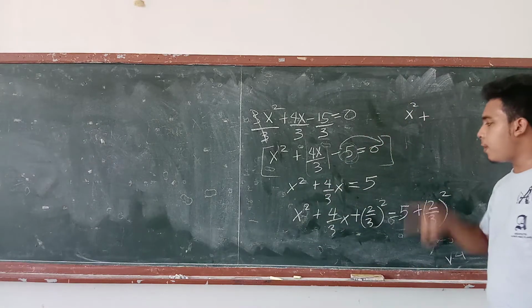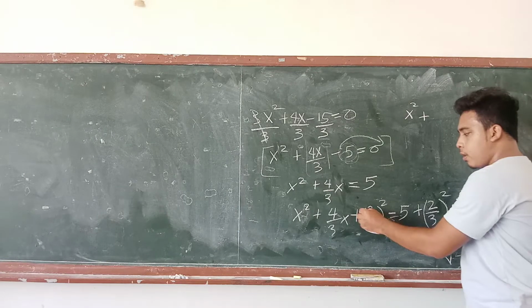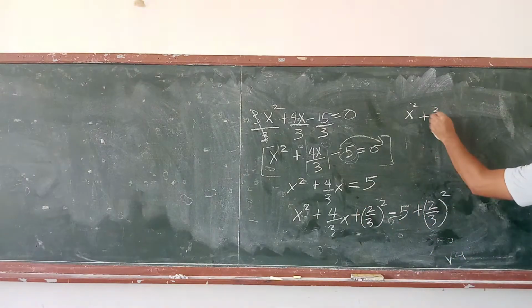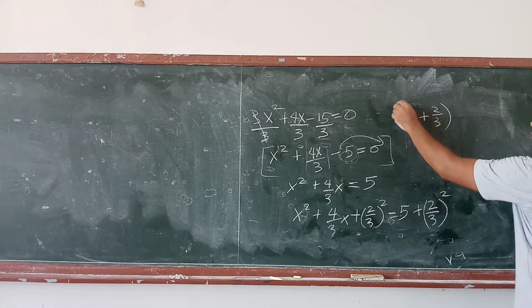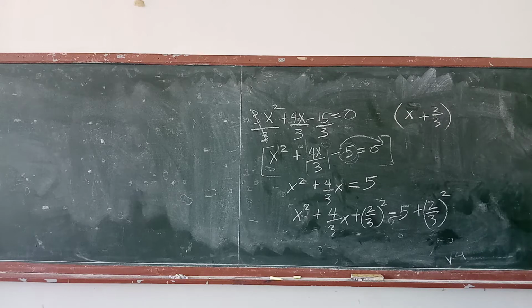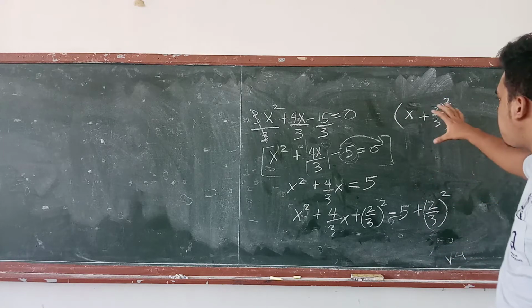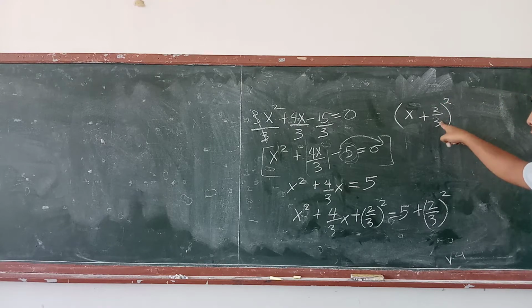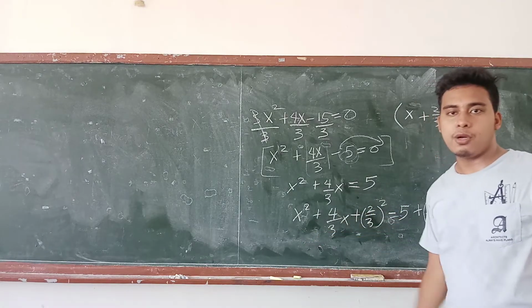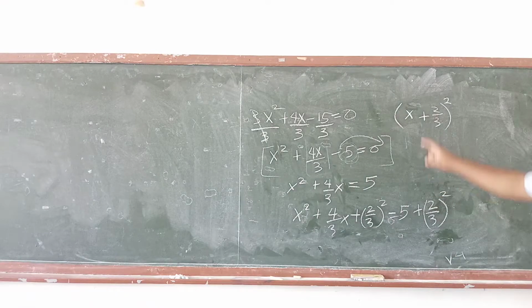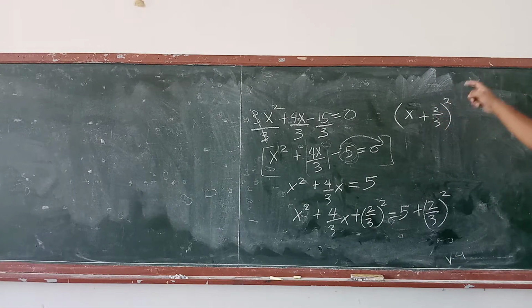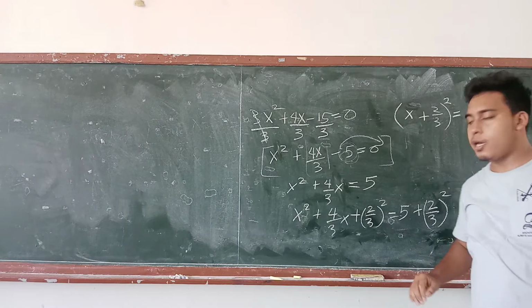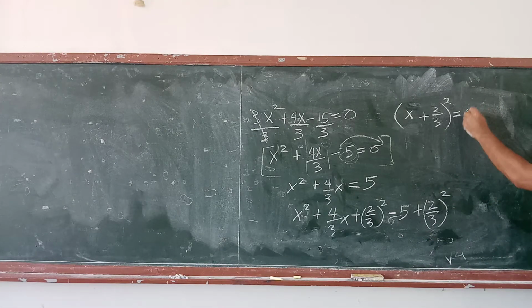So x plus 2 over 3 to the power of 2. If we try to expand this binomial, that's the same thing as this trinomial. They are the same. So x plus 2/3 squared equals, simplify the right hand side, 5 plus 4 over 9.